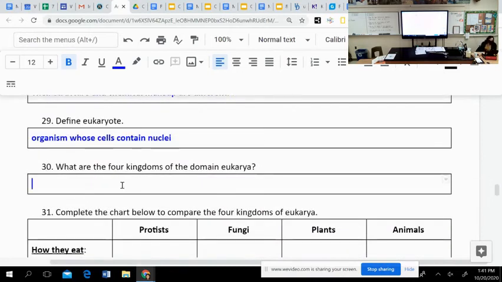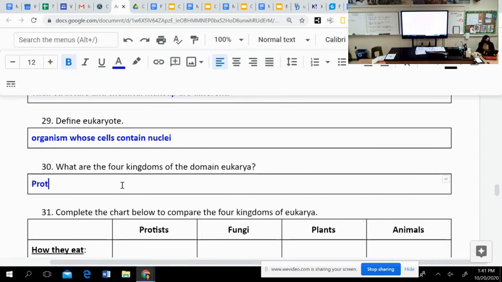Okay, defining eukaryote, question 29, the organism whose cells contain nuclei. So we are part of the eukaryotic domain, and then we're part of the animal kingdom. Question 30 then, the 4 kingdoms of the domain eukarya. If you look at the chart below this question, those are the 4 kingdoms.